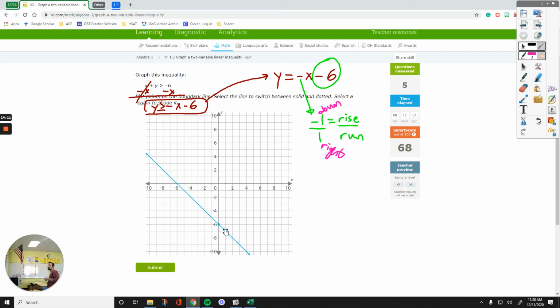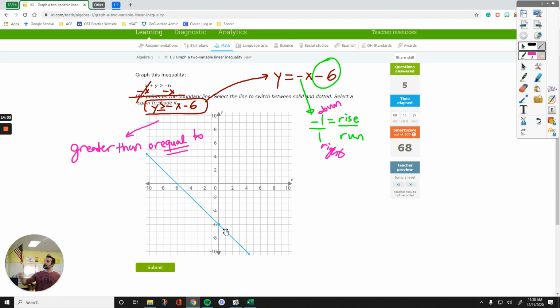Plot it. Do I need a solid or the dotted line? Looking at the original inequality, it is greater than or equal to. Since it says equal to, it is a solid line.